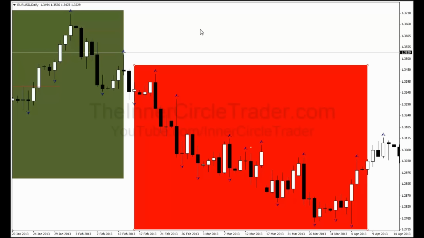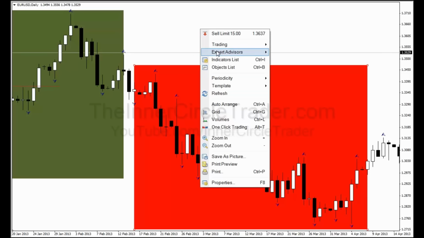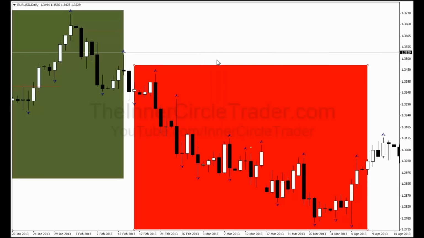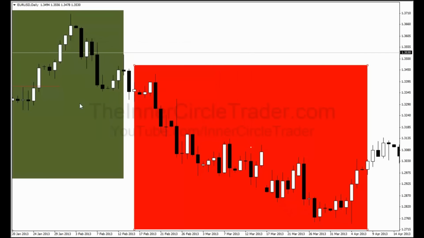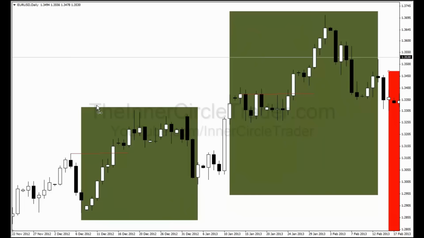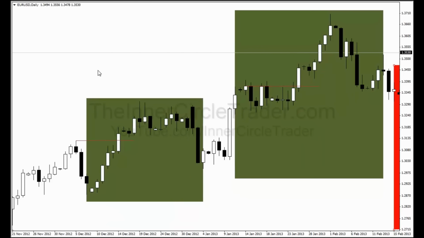But before we do that, let's strip the chart again, and we're going to take these fractal things off here. Okay, and what I'm going to discuss now is what specifically is inside the candles that's useful to us, and why consolidations breed opportunity.